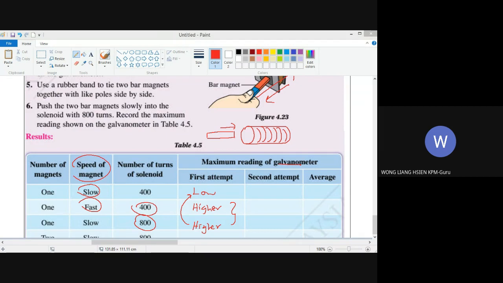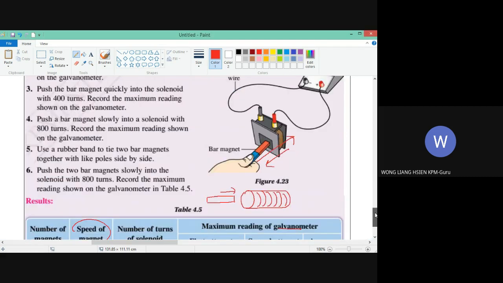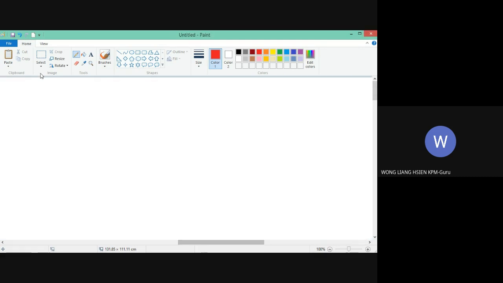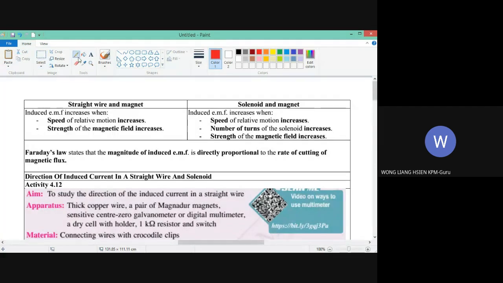So here we learn two ways to increase the EMF. For a straight wire and magnet, the two ways are: first, if the speed of relative motion increases, that means you cut faster, then the induced EMF will increase.